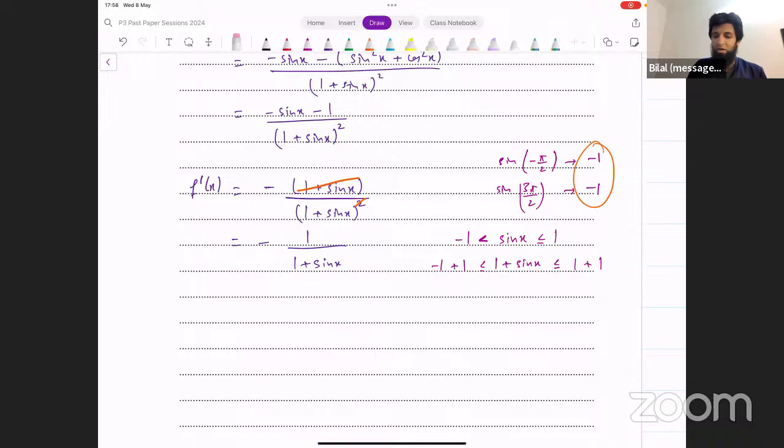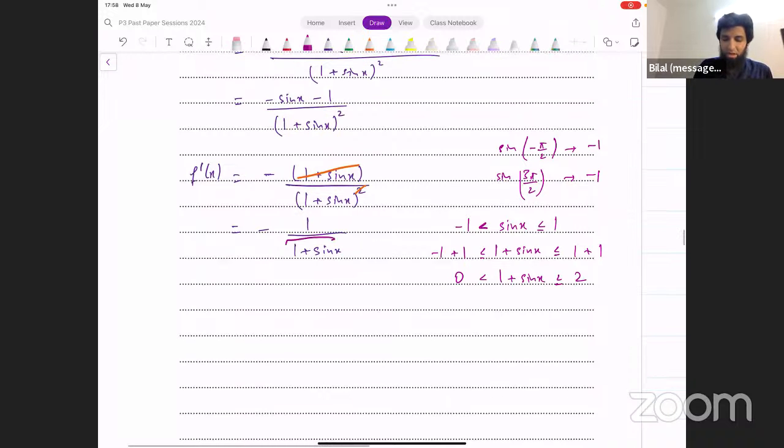So I've added 1 to the whole inequality. What does that give me? That gives me 1 plus sine x, that is between 0 and 2. 0 is not included and 2 is included. That means this denominator here has to be positive, right? 0 to 2, that means it's positive.